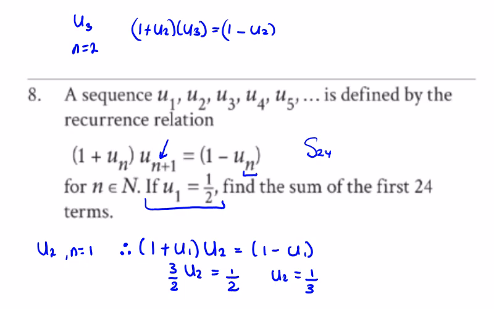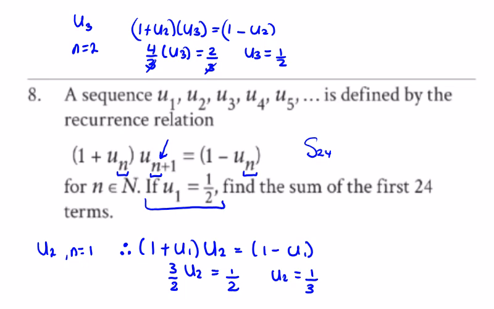That's putting 2 in for n. So 1 plus U2 is 4 over 3, 1 plus a third, times U3 is equal to 1 minus a third. 1 minus a third is 2 over 3. Multiplying both sides by 3, we'll cancel the 3's obviously. And dividing by 4, I get U3 is equal to 2 over 4, which is 1 over 2.